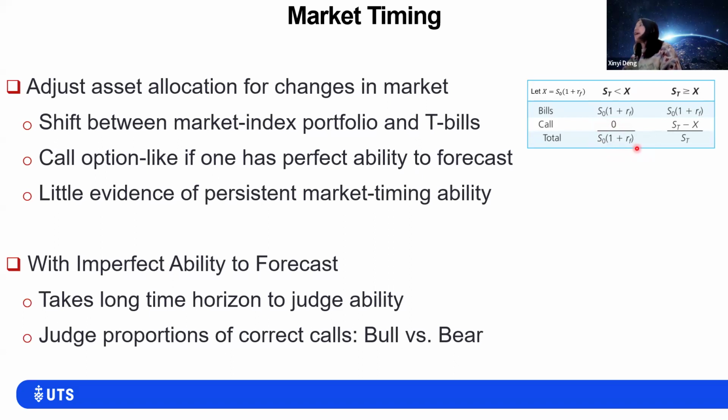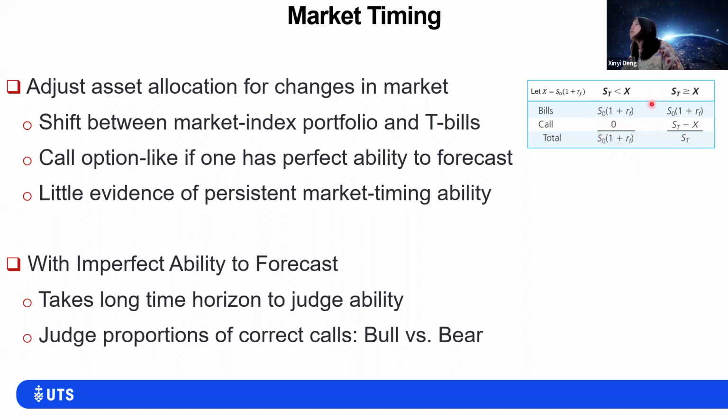And if ST is greater than or equal to X, then the manager will choose to stay with the market index portfolio. He would not do as in the first scenario, where he sells the market index portfolio and transforms it into the risk-free asset.